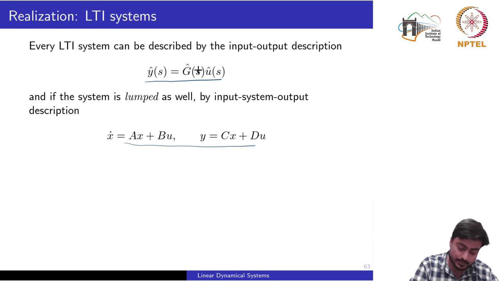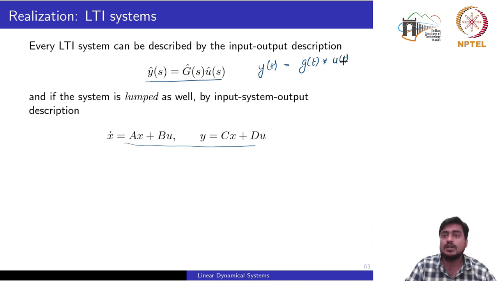When we represent it as y of t as the convolution of g(t) and u(t), it can also be used to describe a distributed system, right? But if we have a lumped system, then it can also be represented by the state space equation.